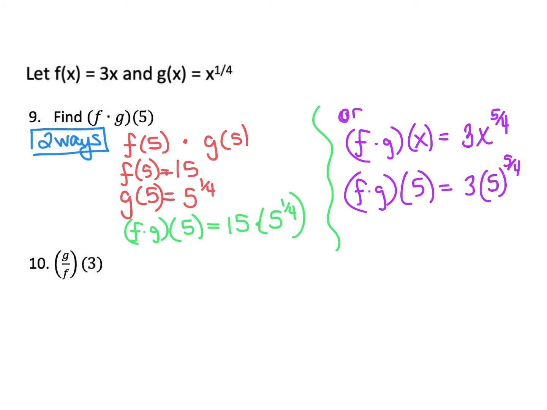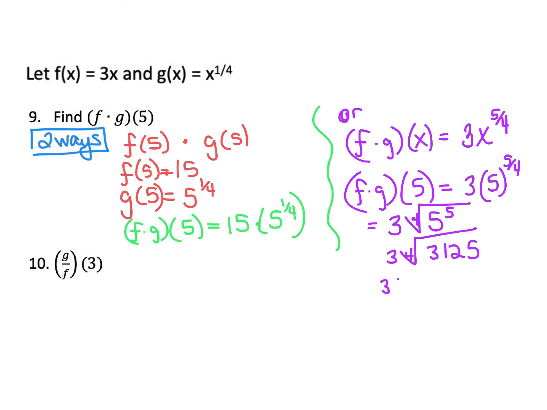So just to remind you, 3 times 5 to the 5/4 would be equivalent to 3 times the 4th root of 5 to the 5th power, which is 3,125, but then I'd have to break that down, so I need something that is to the 4th power. Well, I think 5 to the 4th is 625, yep.